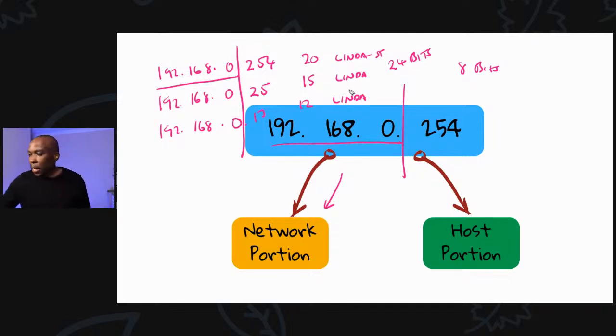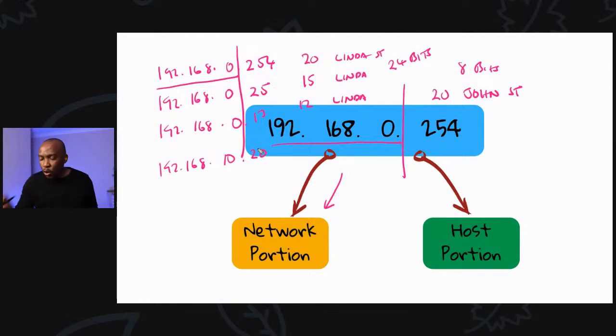However, number 20 Linda Street and number 20 John Street are not houses in the same street because the street names are different. So if we are using the first 3 octets or the first 24 bits to identify the network address, an IP address of 192.168.10.20 is not going to be in the same network as these 3 addresses. Why?